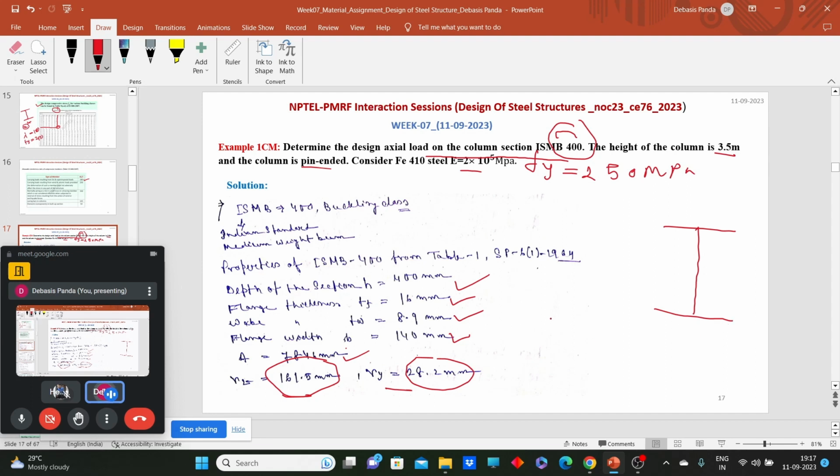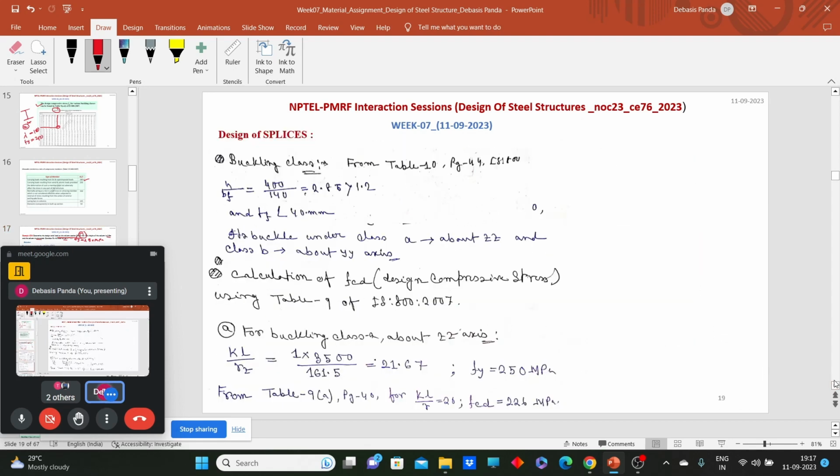So first we have all this data. Now what do we need to do? We need to find out under which buckling class this I section comes. How can we find it out? First we need to find the value of H by BF.